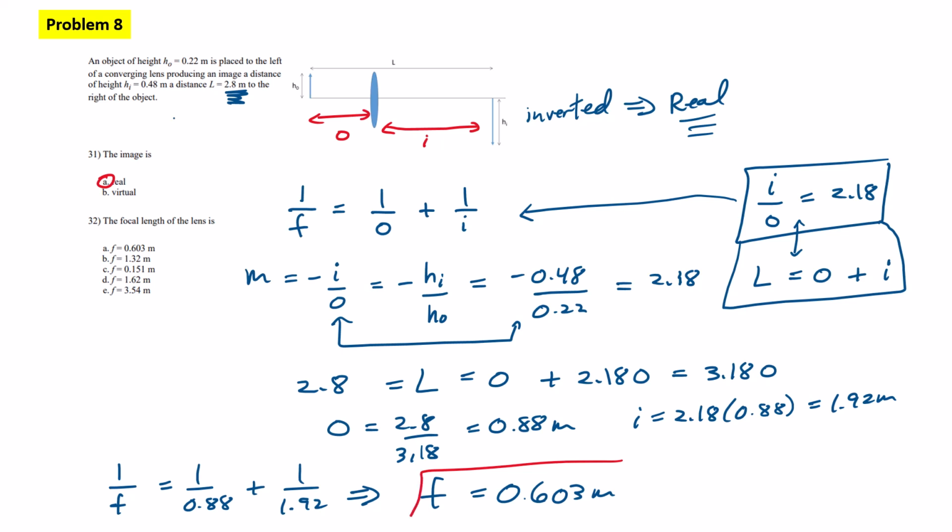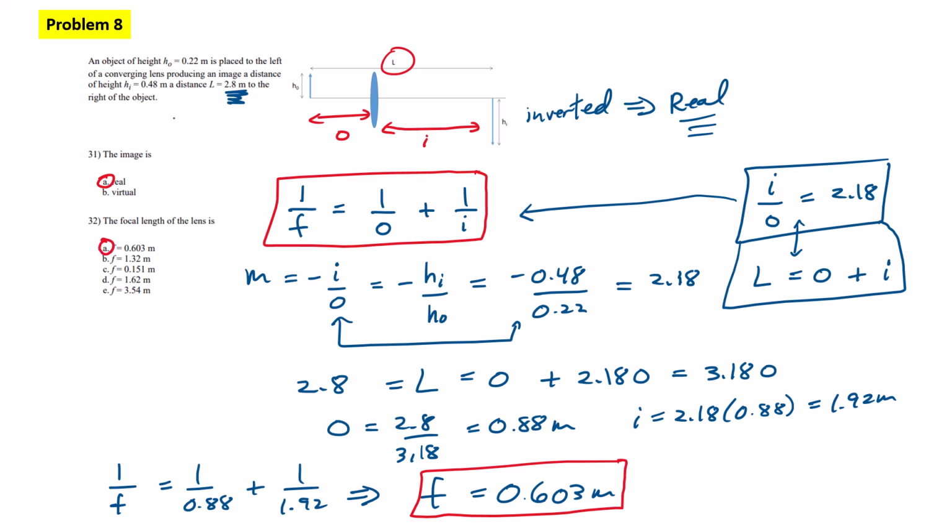All right, so there's quite a lot of steps to this problem, but again, it's just a matter of writing knowns and unknowns and our relationships, right? We have an equation that relates the focal length to the object and the image. We're also told something about the magnification, and we were told this distance over here between the object and the image. So by combining all of these three, I was able to get to the focal distance. So A is the correct choice for this one.